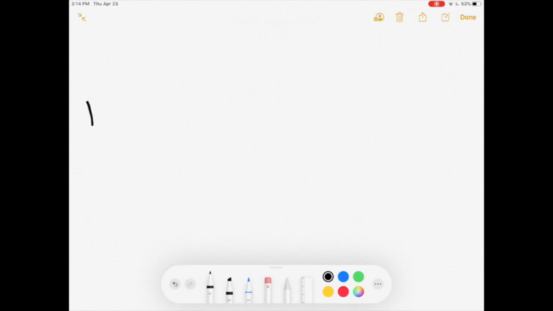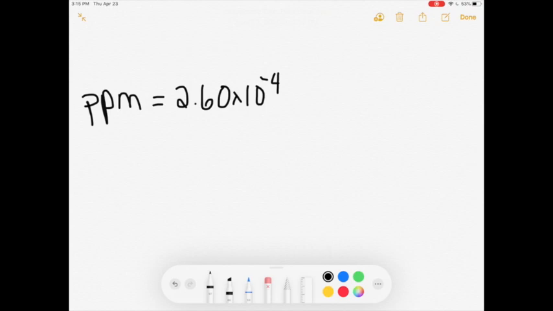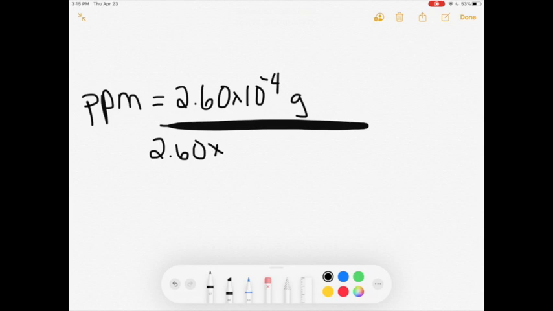Okay, so for ppm, parts per million, we just need mass of our sodium chloride divided by total mass of the solution. So the mass of our sodium chloride is 2.6 times 10 to the negative 4th grams. And we're going to divide that by the total amount of the solution.